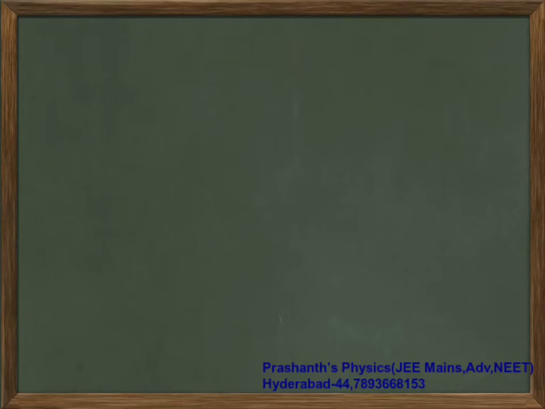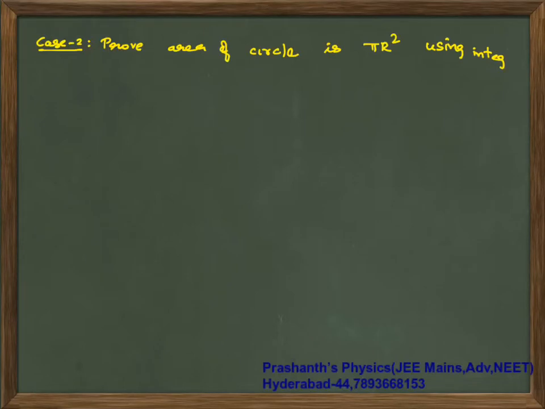You are supposed to prove the area of a circle is pi r square using integration. Now, to get the complete circle, first you need to define a small area.